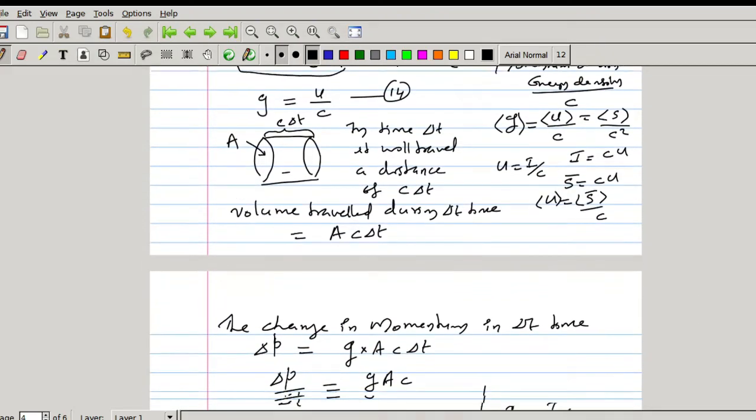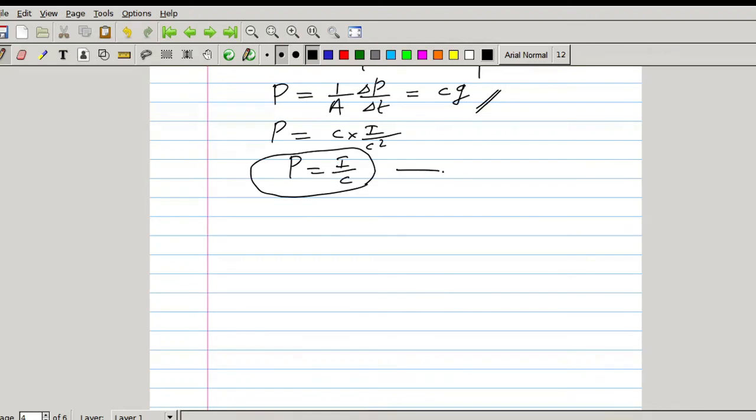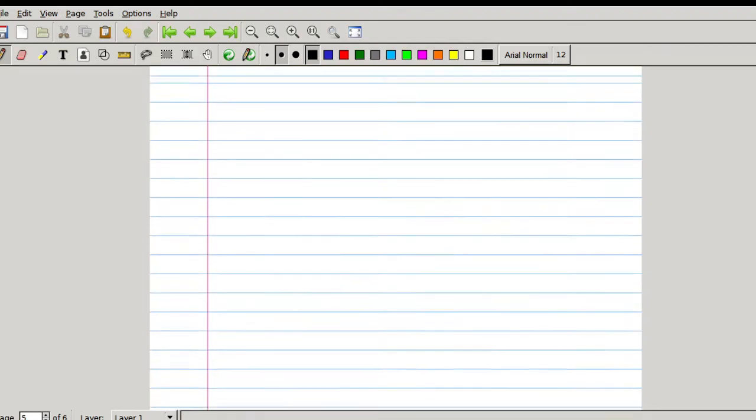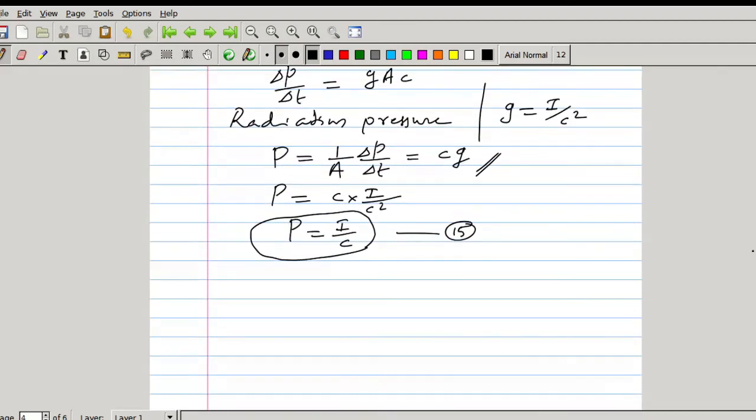Equation number 15. So this is the radiation pressure exerted on a body when an electromagnetic wave incident on it is completely absorbed.